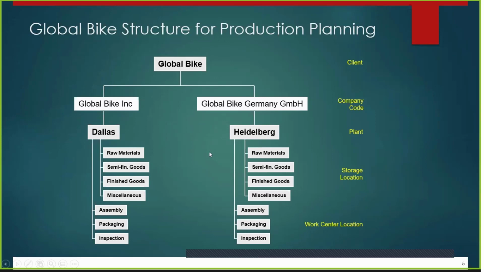This Dallas plant can have many storage locations for the raw material, semi-finished, finished, and so on. And you can have different work centers, one for assembly, one for packing, and one for inspections, and so on. So this is how you organize your production. This is what you call the organization structure.